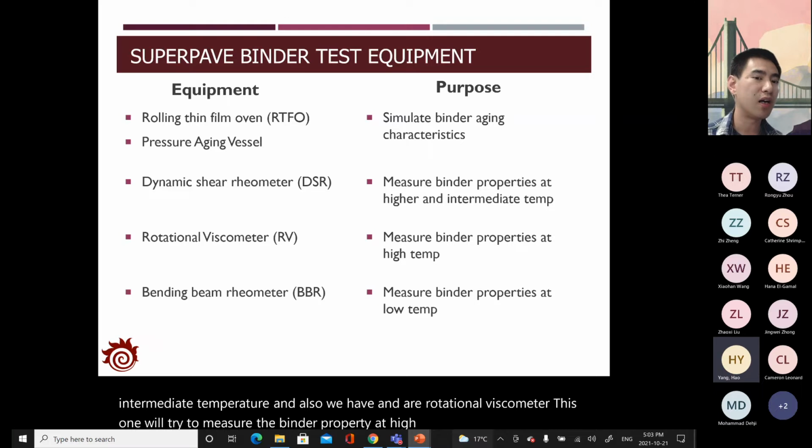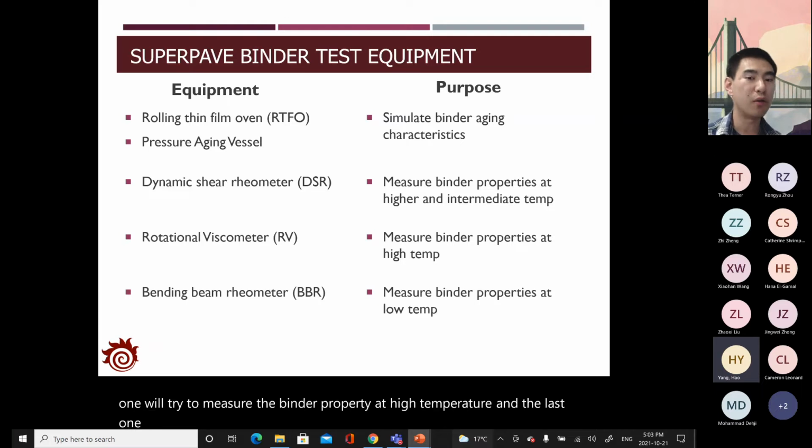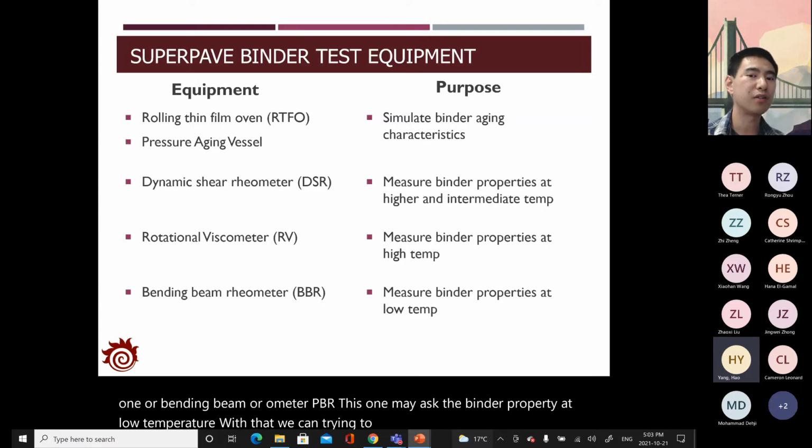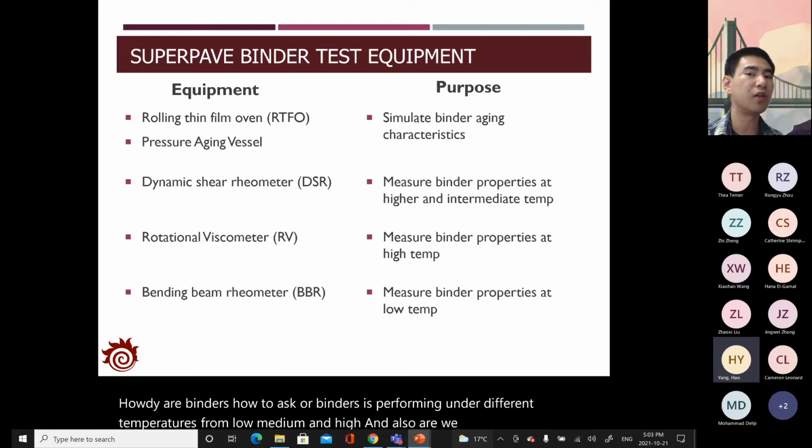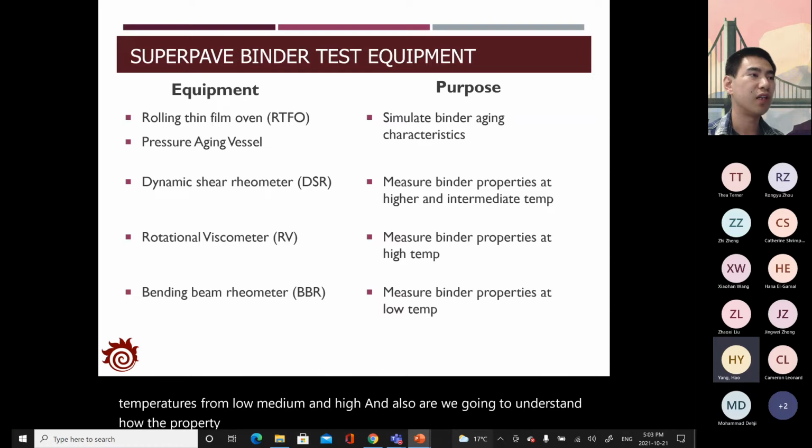And the last one, the bending beam rheometer, BBR, measures the binder property at low temperature. With that, we can identify how the asphalt binder performs under different temperatures, from low, medium, and high. And we will also understand how the property of the asphalt binder changes over time.